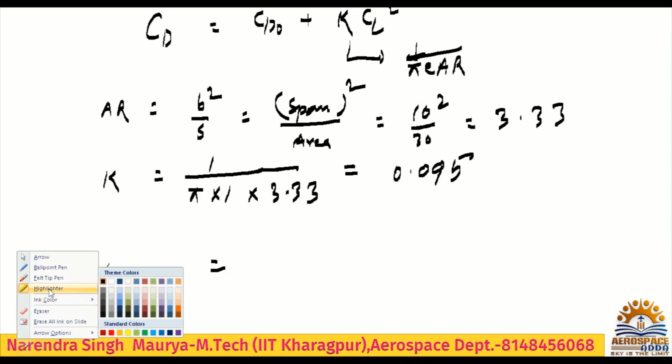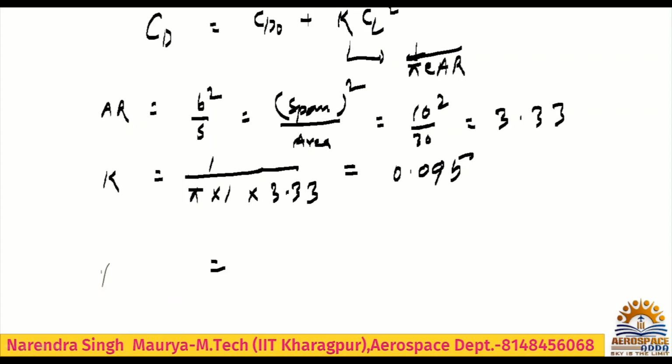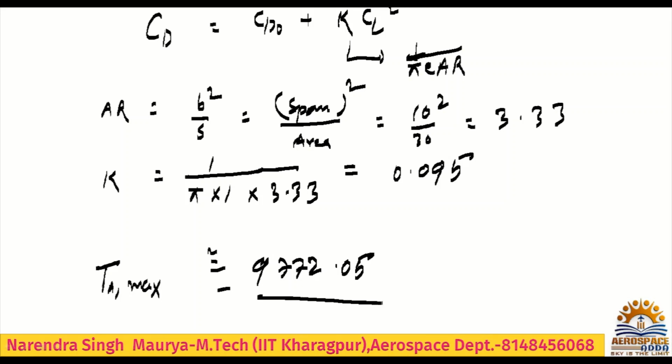So approximately you may get 9772. This is the value. You need to check, this is your answer. 9772.05 Newton.